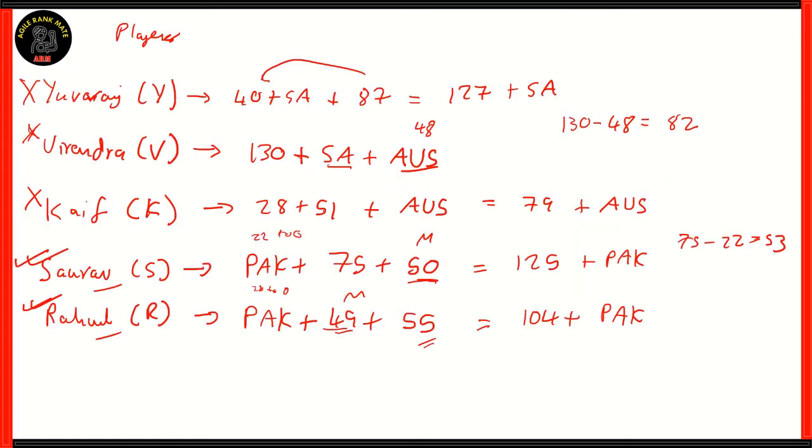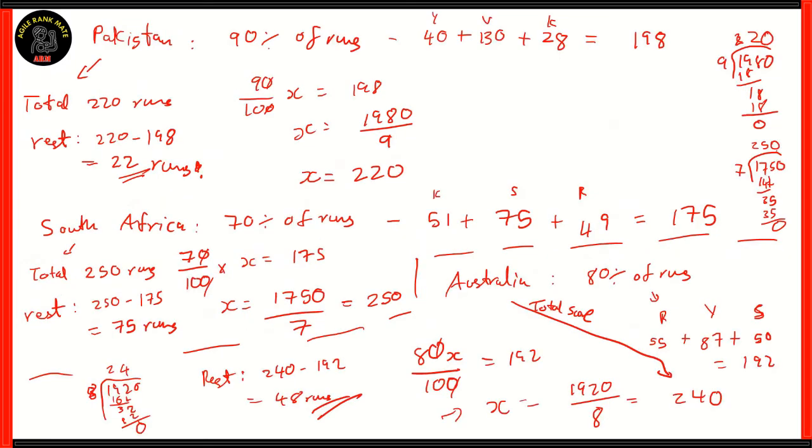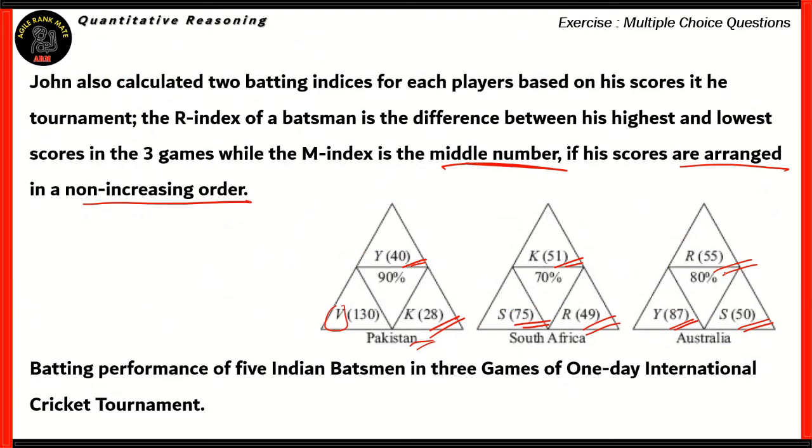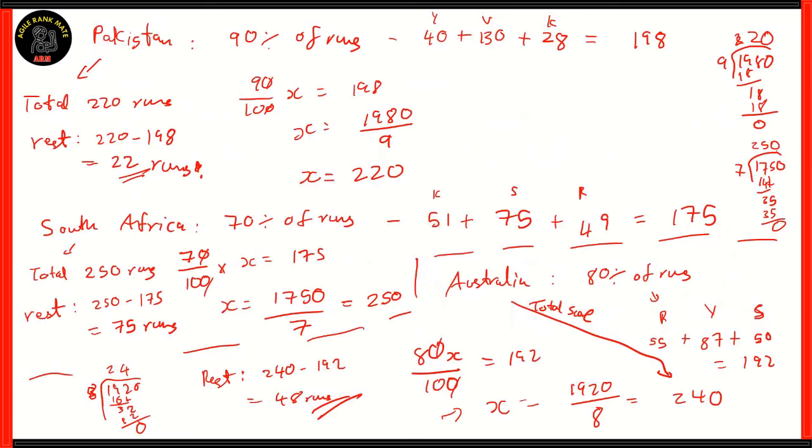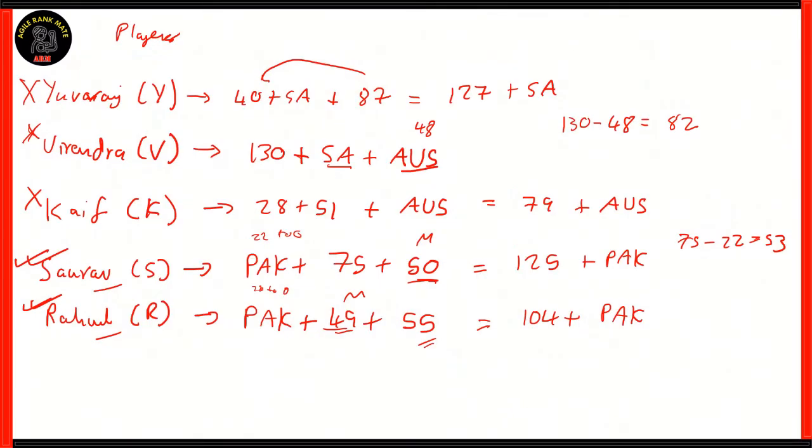If you look at Kaif, you see that he scored 51 against South Africa, 28 against Pakistan, and if you look at the match against Australia, the lowest score in this case is by Saurav with 50, and the rest of the team scored 48 runs. So it's quite plausible that in Australia, Kaif scored 48 runs. In that case, it would mean that the lowest score by Kaif is against Pakistan, 28.